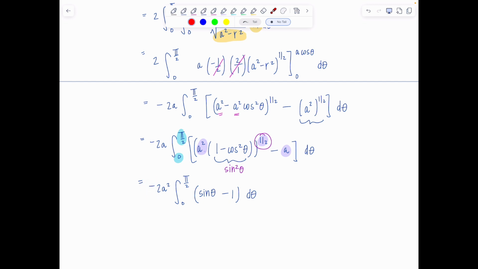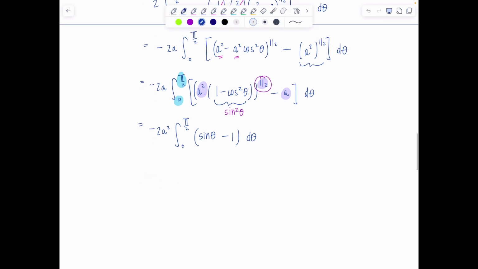Okay, now it's ugly because of this minus. So then you're going to do the old switcheroo and integrate at the same time. So antiderivative of 1: theta. Good. Antiderivative of negative sine theta: positive cosine theta. And we're going to go 0 to pi over 2. So I switch the order of subtraction here to get rid of the negative.